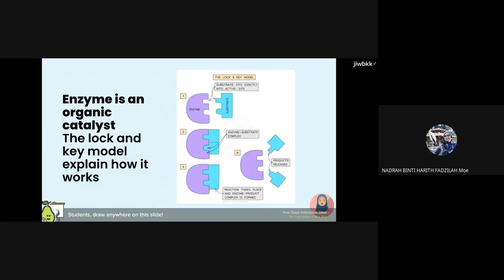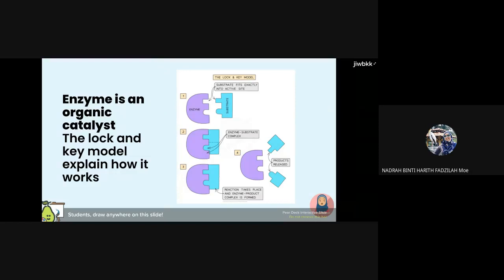Okay, so enzyme is an organic catalyst where the way the enzymes work is represented by the hypothesis model, lock and key model. So cara enzyme bekerja diterangkan oleh ada banyak model.